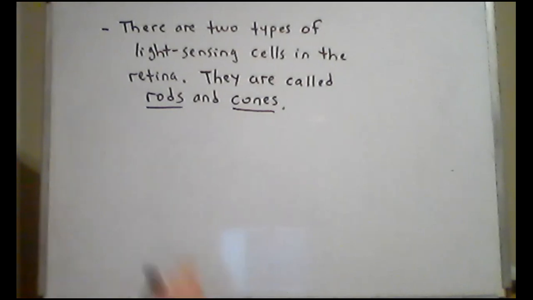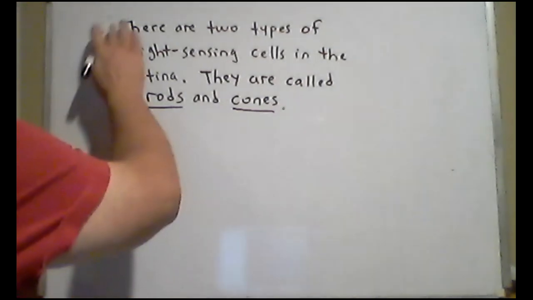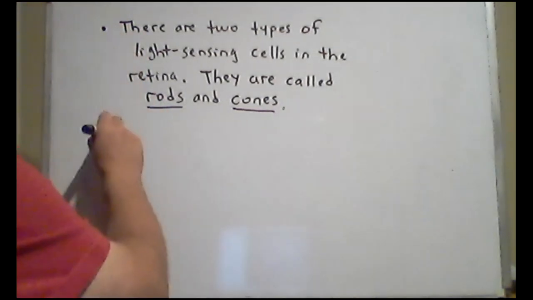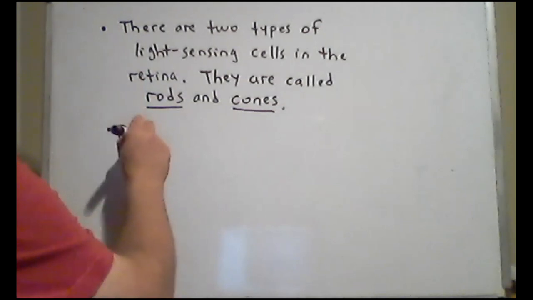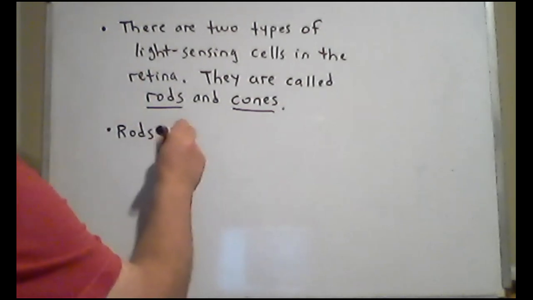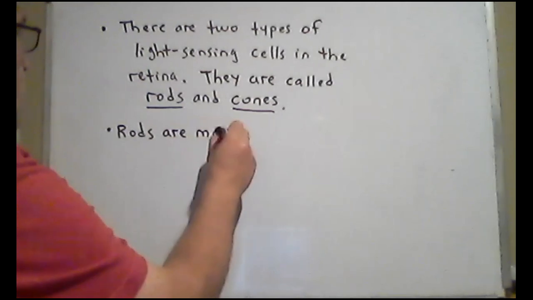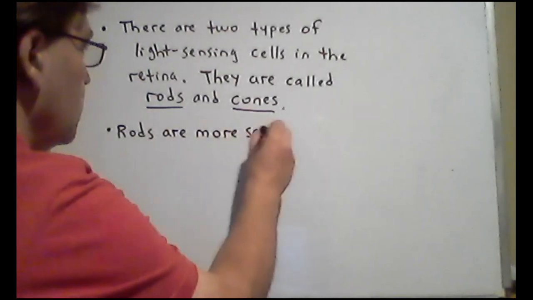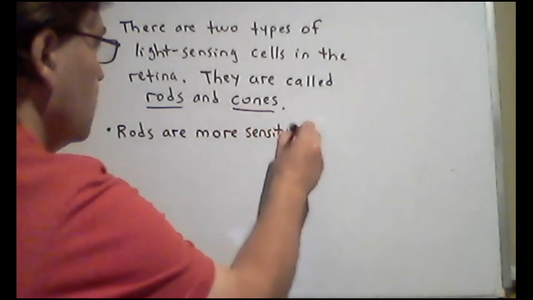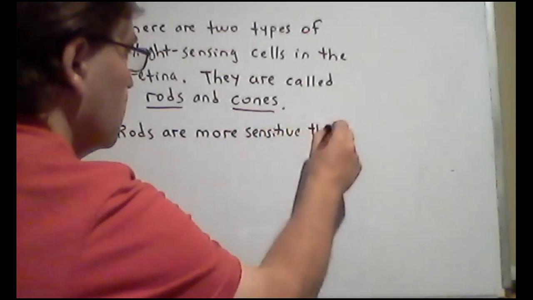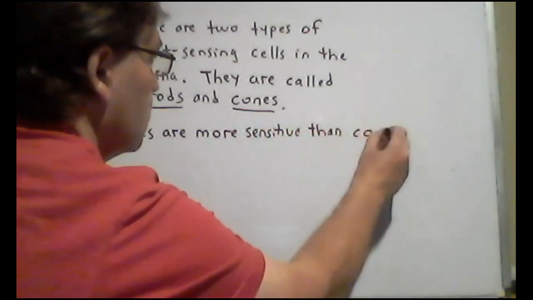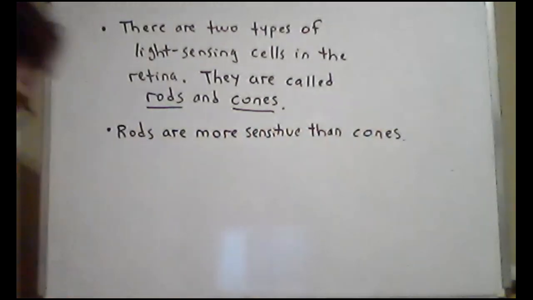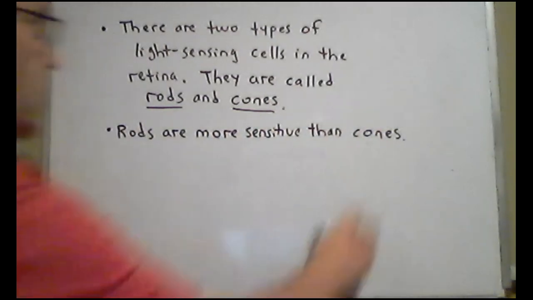Rods are more sensitive than cones. Okay, so rods are more sensitive than cones by about a factor of 1,000.